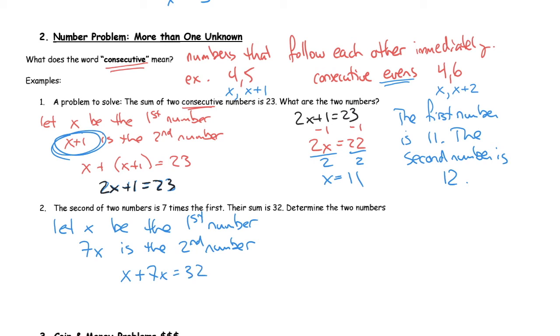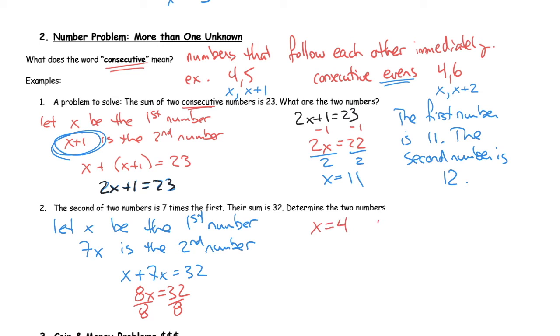Okay, well, first thing I'm going to do is add those two together. I've got 1x and 7x, for a total of 8x is going to be equal to 32. And then I'm going to divide both sides there by 8, and we will get that x is equal to 4.